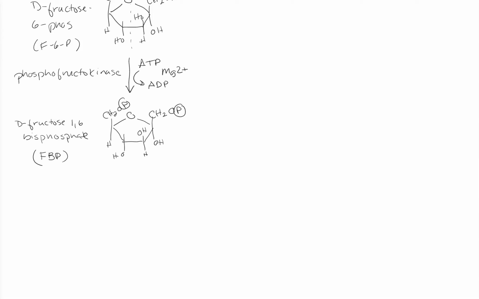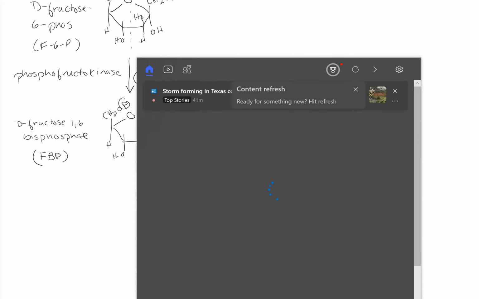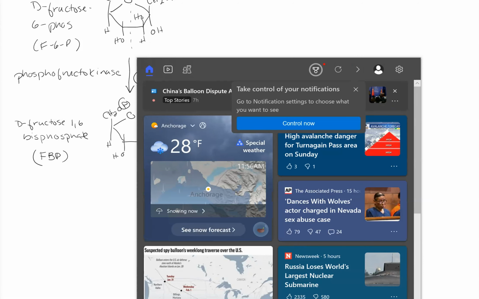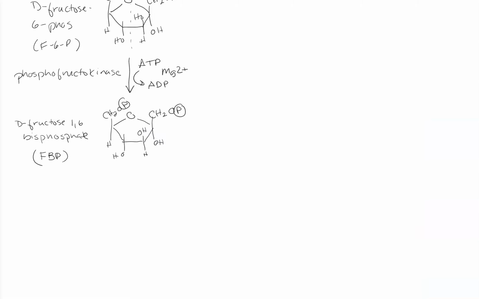So this is going to happen through an enzyme called fructose bisphosphate aldolase because it goes through a reverse aldolase mechanism.